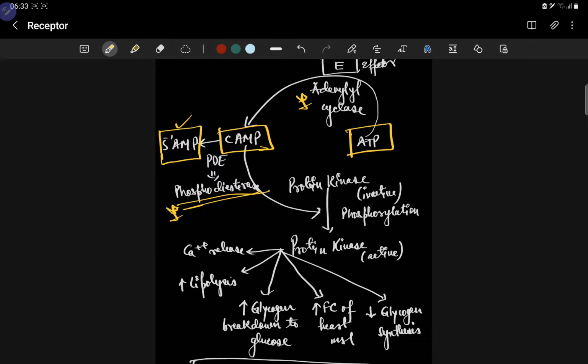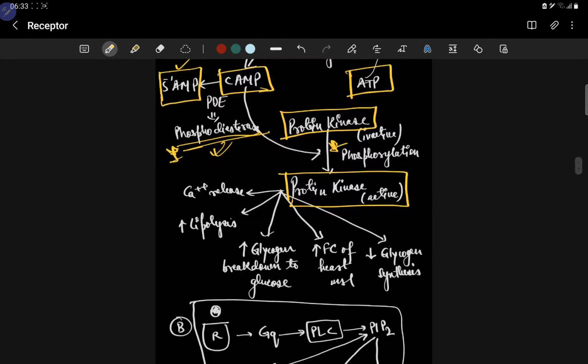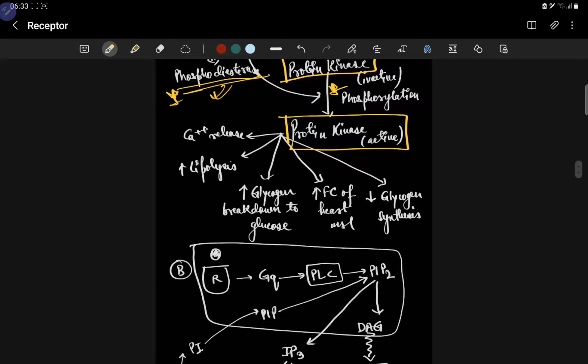Okay, now cyclic AMP will convert protein kinase into protein kinase in the active form. This is the phosphorylation where phosphodiesterase enzyme acts. Okay, now protein kinase will then release calcium, which increases even the lipolysis process.